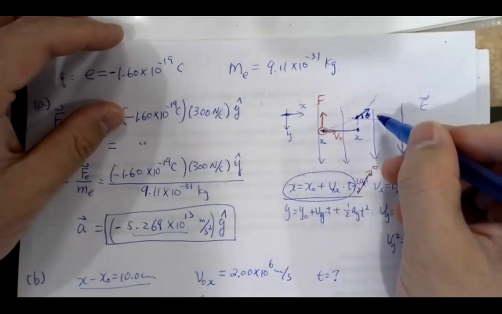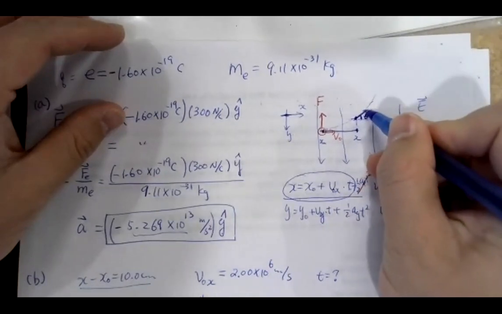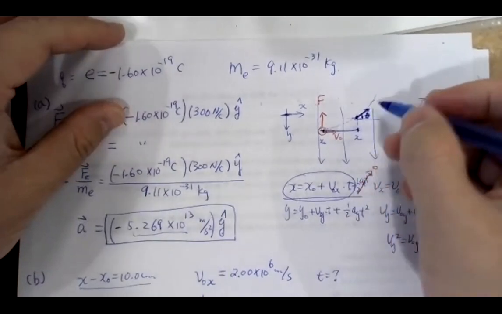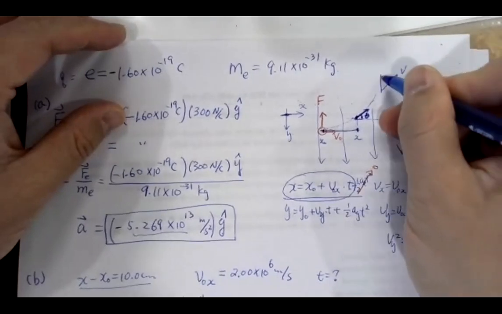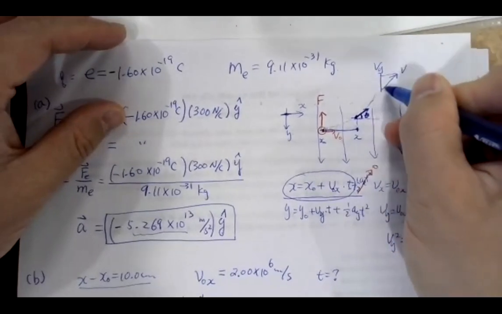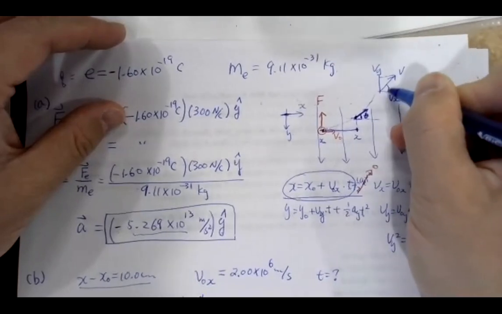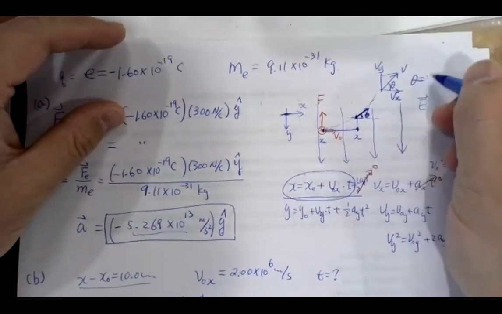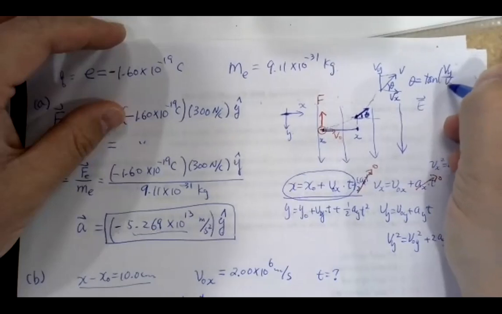For this angle, you have to know the velocity x component and y component. The velocity goes in that direction. You need to know the y component and its x component in order to figure out the angle. Because the angle should be equal to tangent inverse of Vy over Vx.